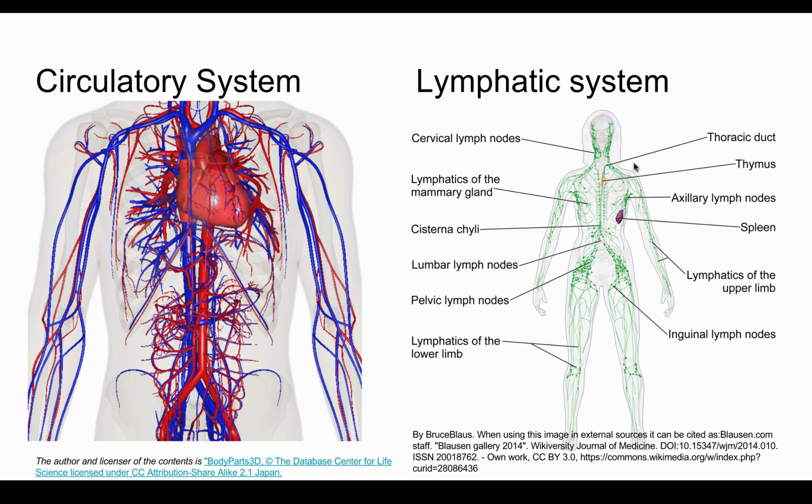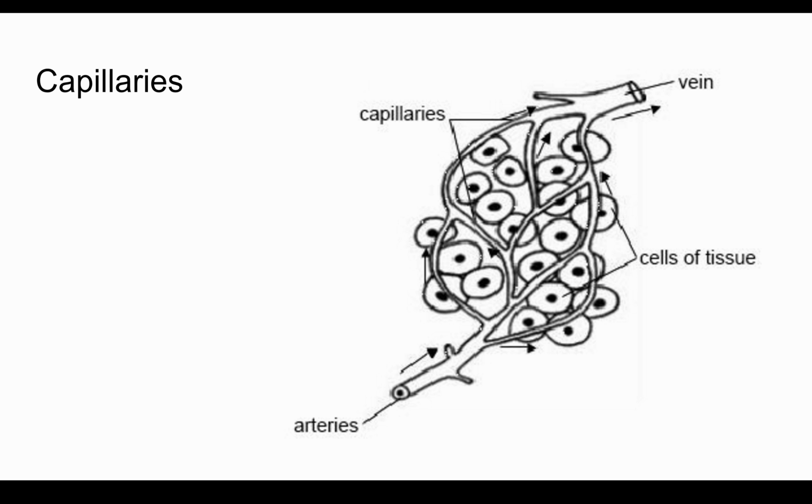So there's a certain leakiness in the capillary level that the lymphatic picks up what the veins don't and pumps it back into the venous system. Now the veins bring the deoxygenated blood back to the heart.